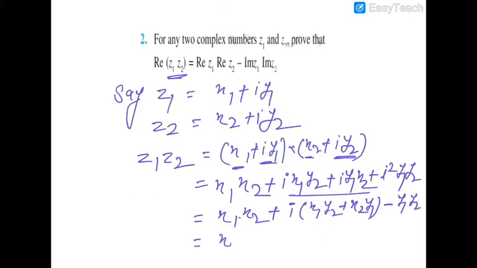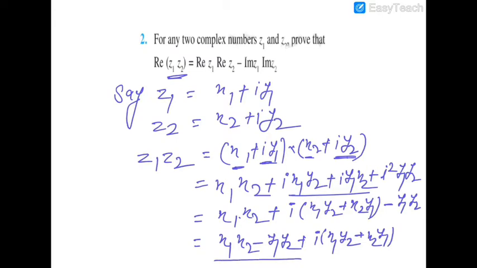Ultimately we write x1 x2 minus y1 y2 plus i into... sorry, this step is a little wrong, so we can write it like i is common, now x1 y2 plus x2 y1. Now this is the real part and this is the imaginary part. Further we will solve it.